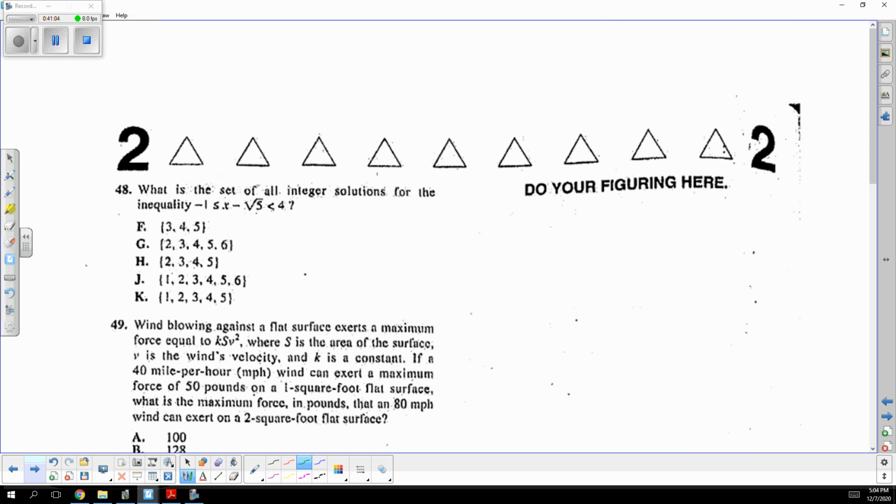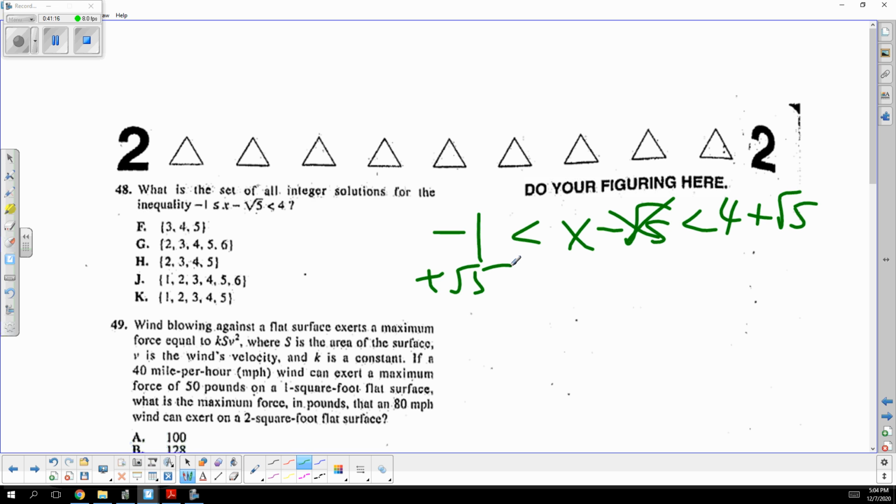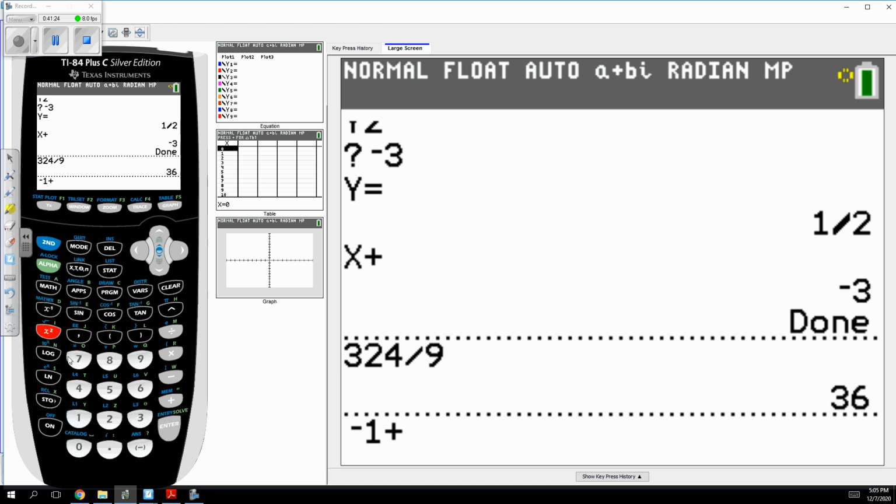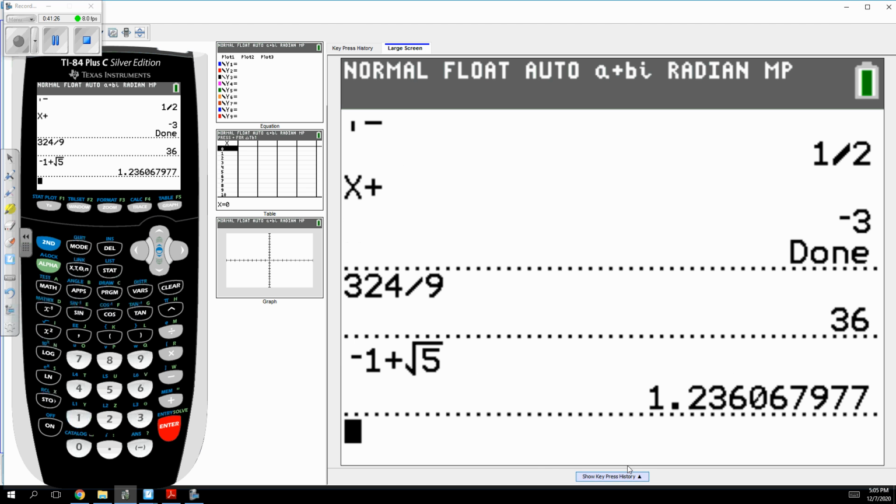All right, in this one you're looking for the man in the middle. So you're going to add square root of 5 to both sides. So you're going to have -1 plus square root of 5 on one end. That's 1.2.